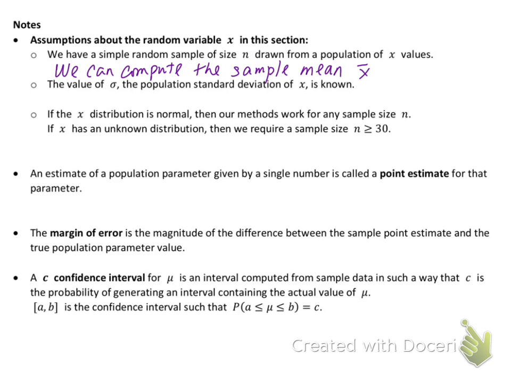The value of sigma, the population standard deviation of x, is known. So here we are saying that we know the sigma from all the data. It's not the standard deviation that you compute from these numbers that you just drew. Okay, so it is not the sample standard deviation.